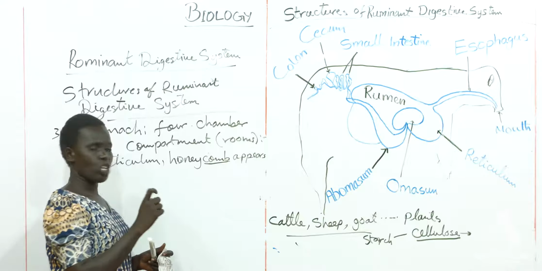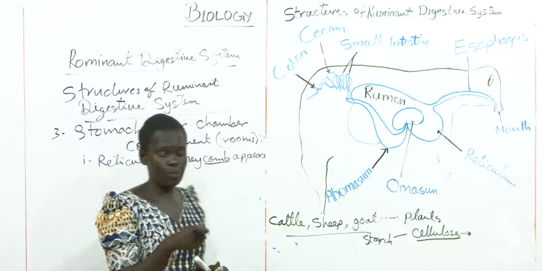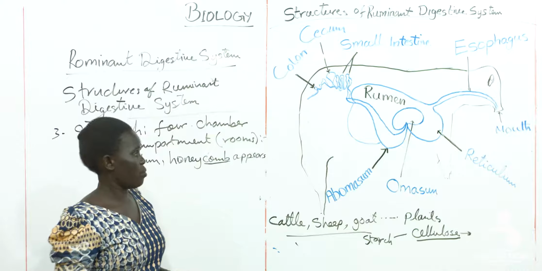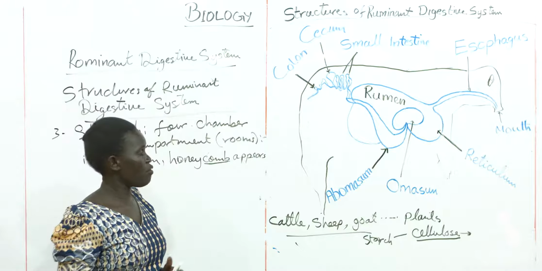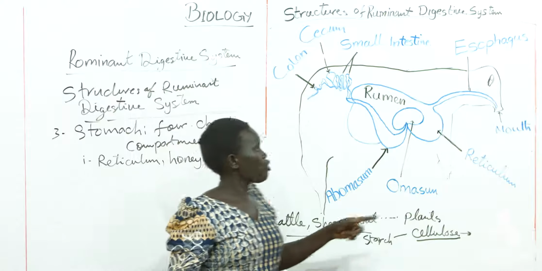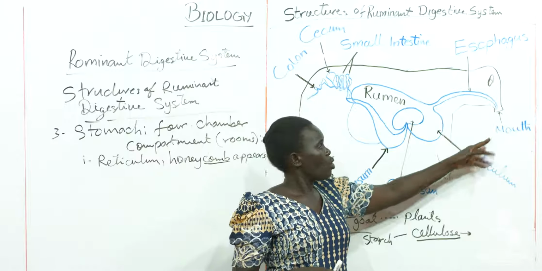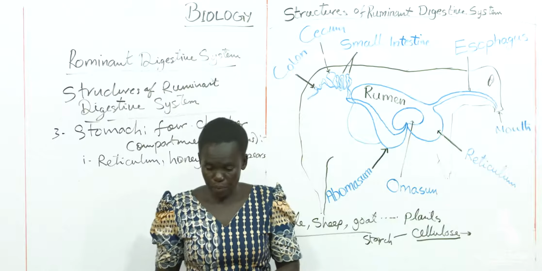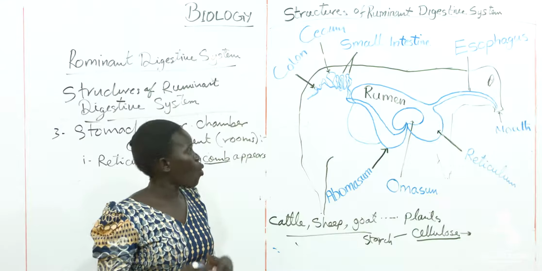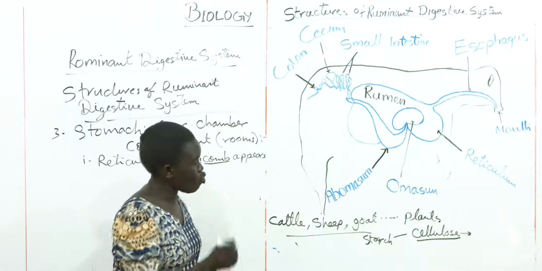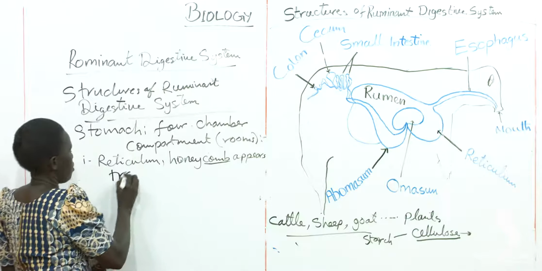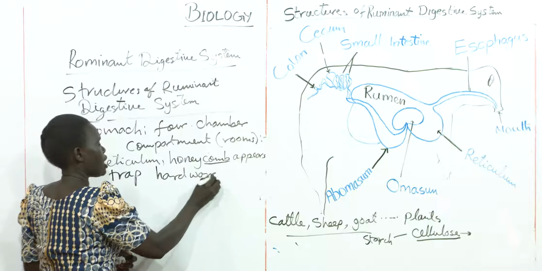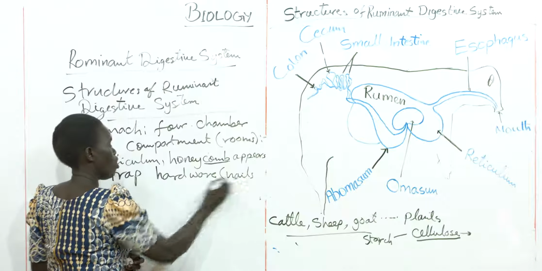That means it is divided into small rooms or small holes. Its function is to trap foreign bodies. Because during feeding, the animal will take plants with some foreign bodies like hard wires, sometimes nails or wires. So it functions to trap all this.